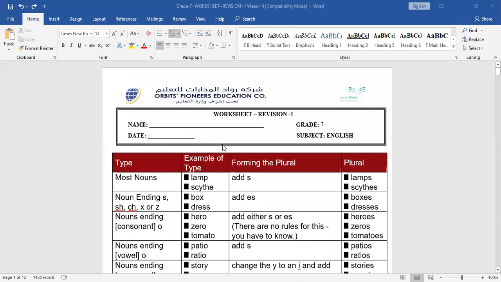So this is our revision week, and as you can see, I have shared a revision worksheet in front of you. Can you see this worksheet? Okay, that's fine.